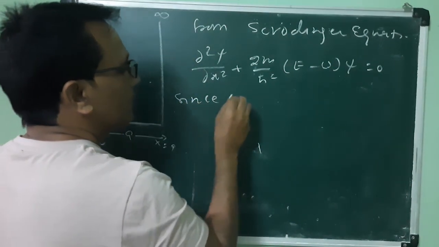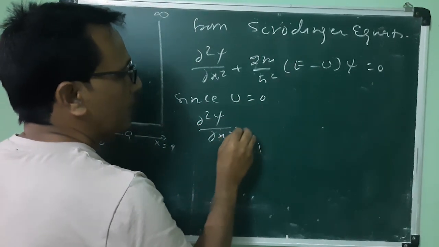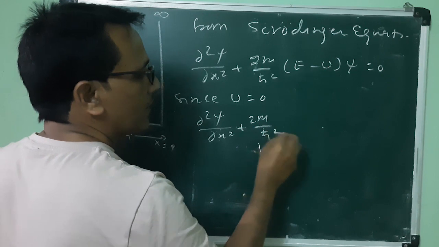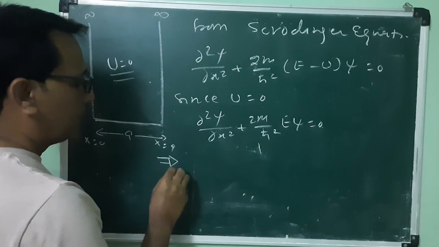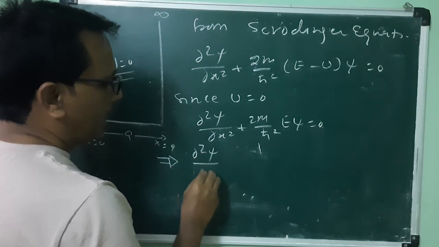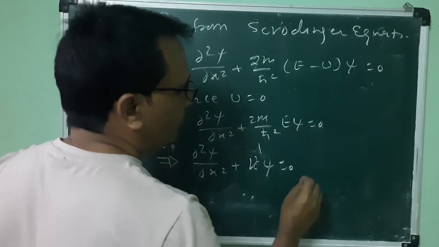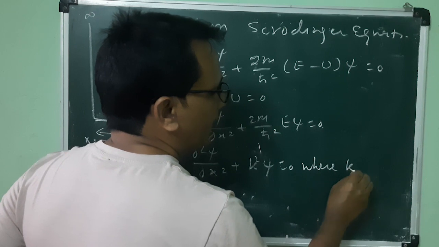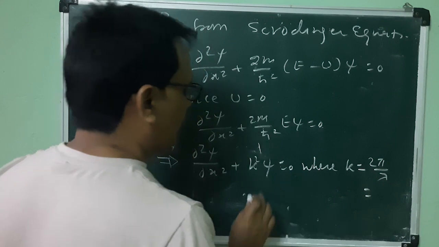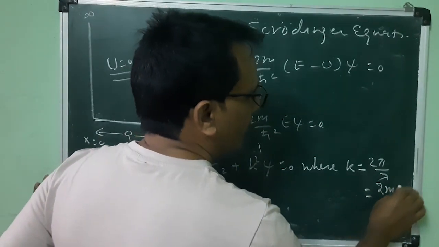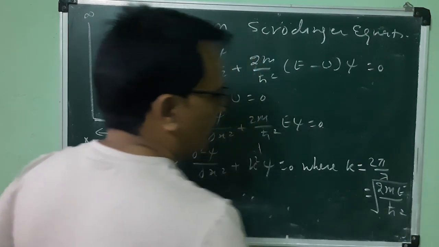Since this potential energy U is 0 in this case, one can write del square psi by del x square plus 2m by h cross square E psi equal to 0, which we can further write like this: del square psi by del x square plus k square psi equal to 0, where k is equivalent to 2 pi by lambda, which is equal to the square root of 2mE by h cross square.